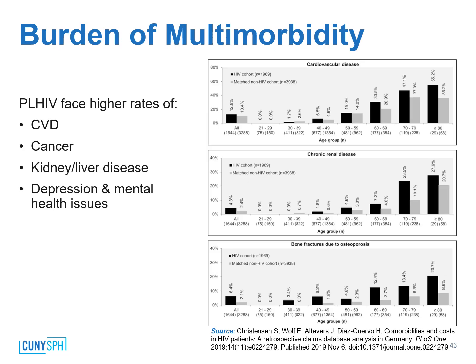People with HIV are living longer, but often with multiple comorbidities, including cardiovascular disease, cancers, renal or liver disease, and depression and other mental health issues.